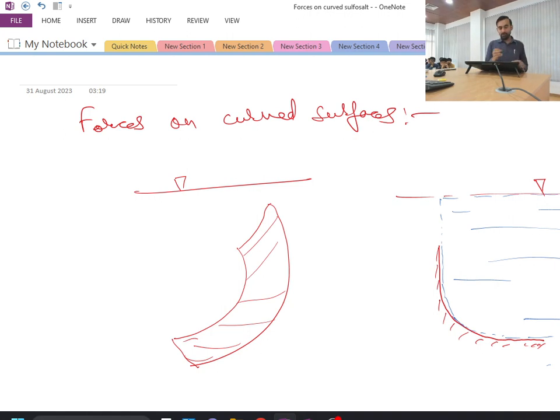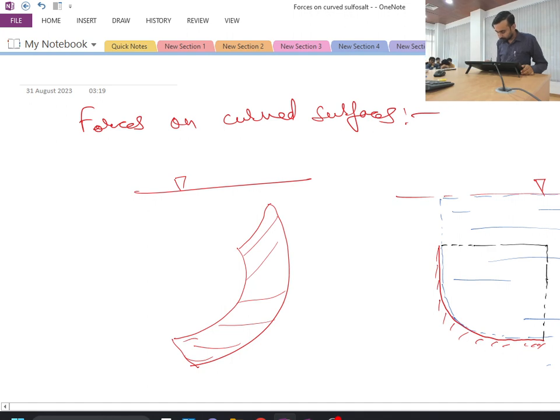So I will draw a control volume within the periphery of this curved surface. This is the liquid volume which I have considered. Now, what will be happening with this liquid volume?